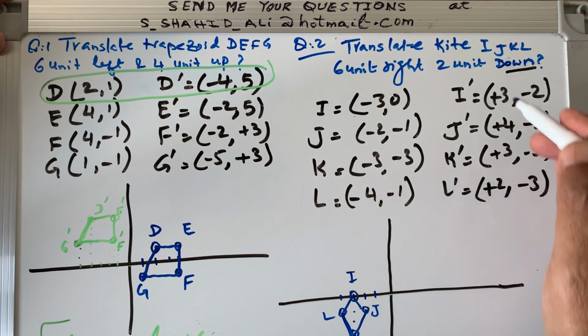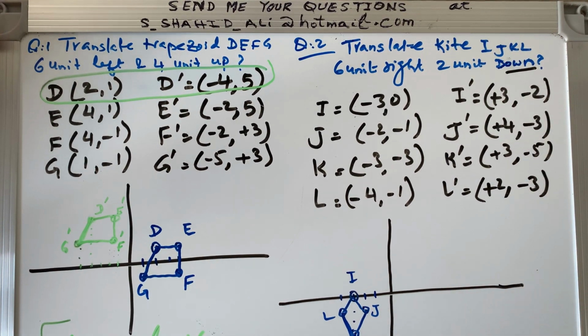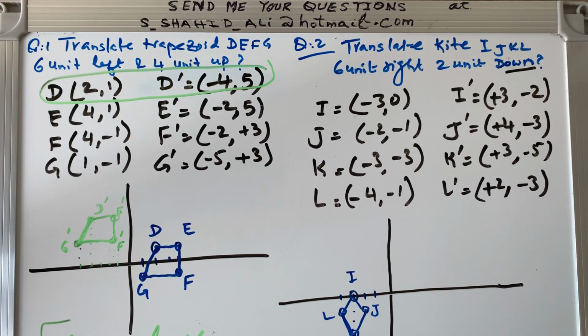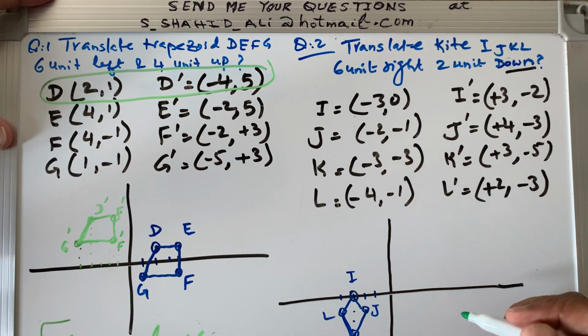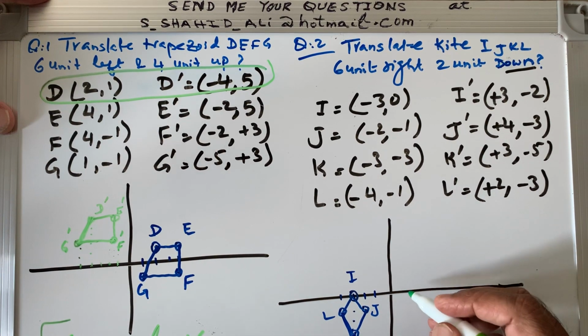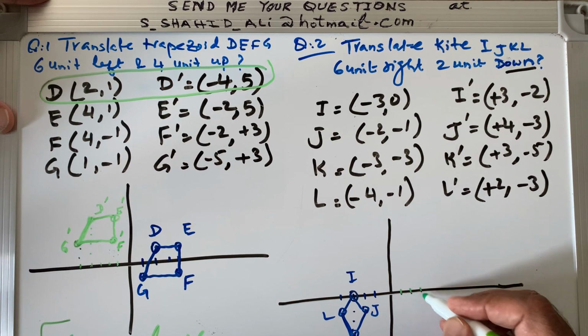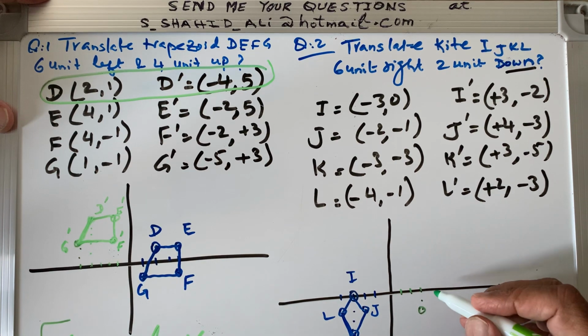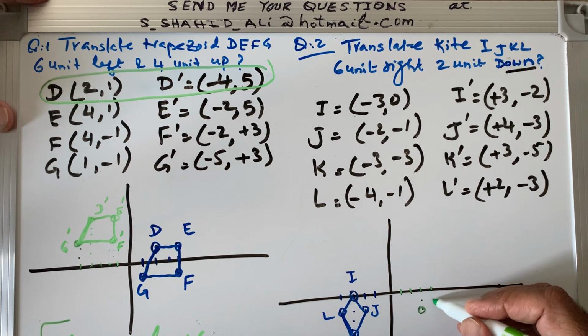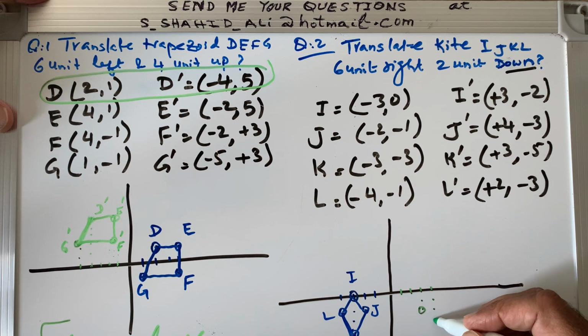And then I have I dash. I can draw with green to distinguish that it is translated, right? So what is my I dash? Plus 3, minus 2: 1, 2, 3 and -2, 1, 2. So this is my I dash. Plus 4, -3: plus 4, 1, 2, 3.